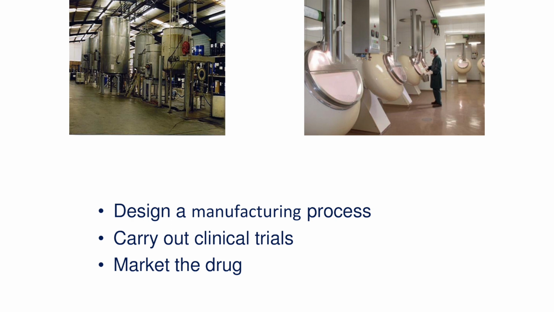So, once you have completed the entire preclinical process, that is identifying the target, developing a bioassay process, screening, identifying the hit molecule and the lead molecule, and doing in vitro and in vivo assays, then before you proceed to clinical trials, you have to design a manufacturing process and manufacture the drug under GMP conditions, in order to carry out the clinical trials in human subjects.